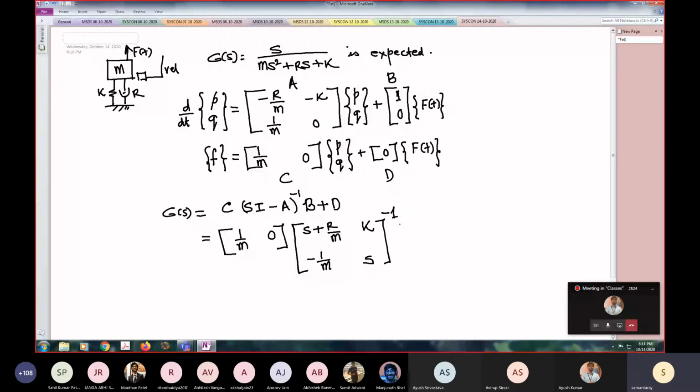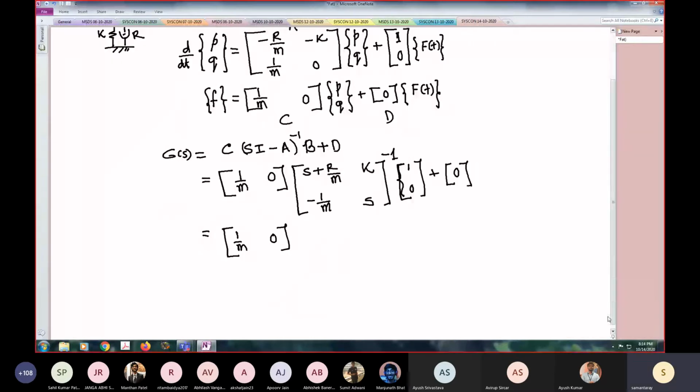This matrix inverse is multiplied by B, which is 1, 0, plus D, which is 0. We have 1 by m, 0, and we take the inverse, a very simple one. The adjoint matrix is straightforward.